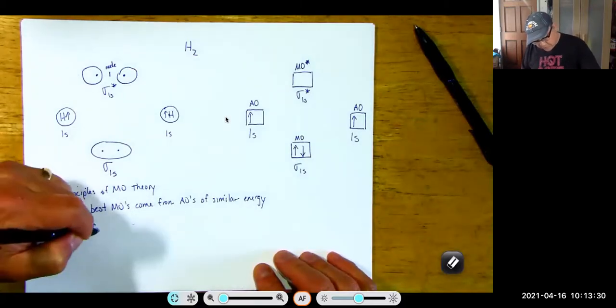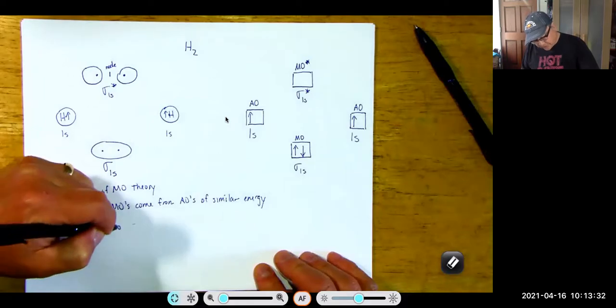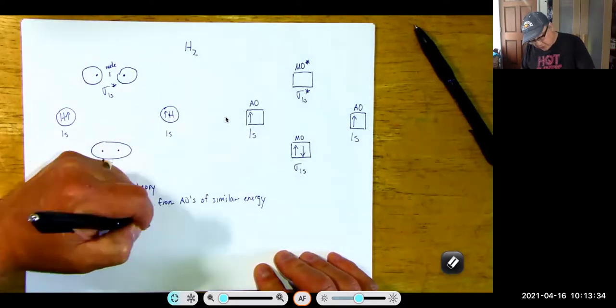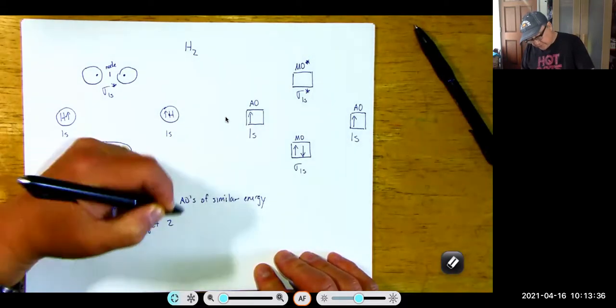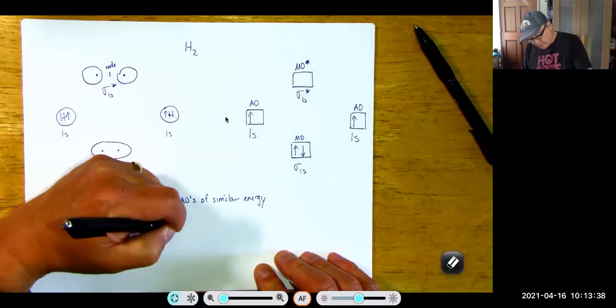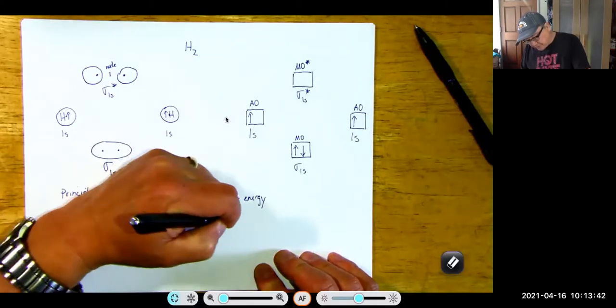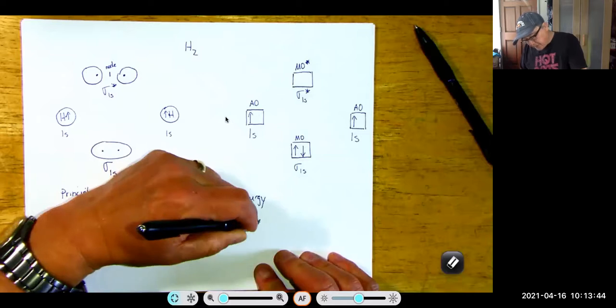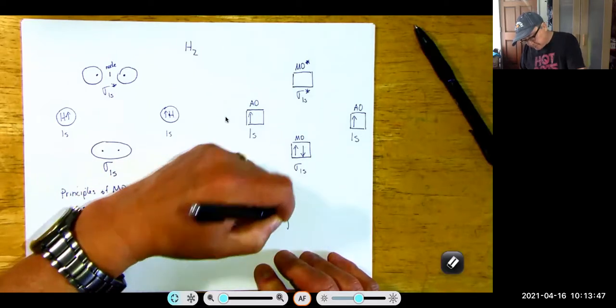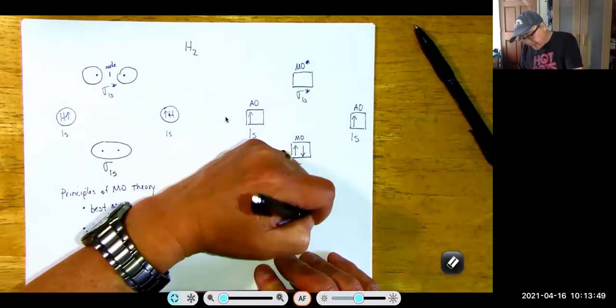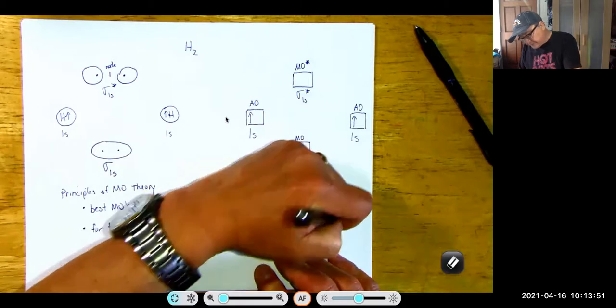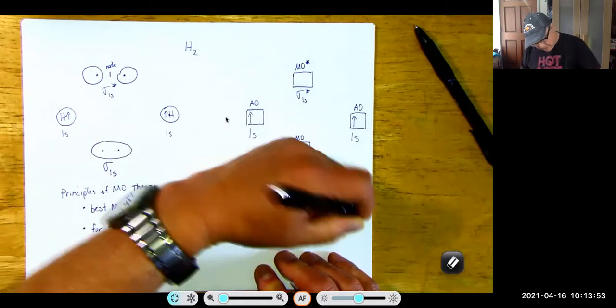For 2 AOs, you get 2 MOs. One more stable bonding MO and one less stable anti-bonding MO.